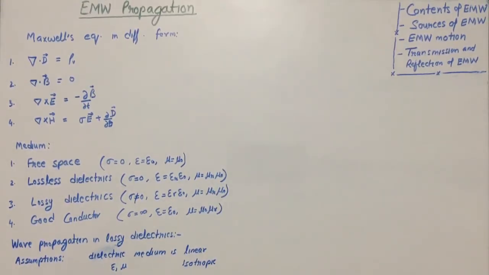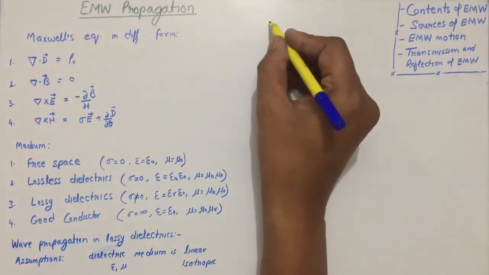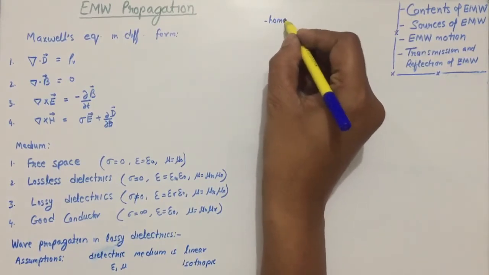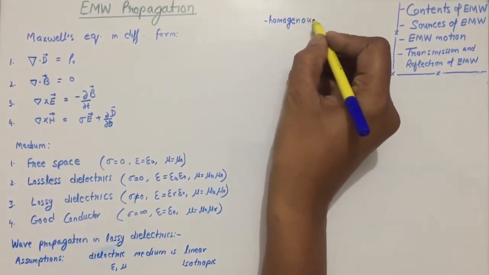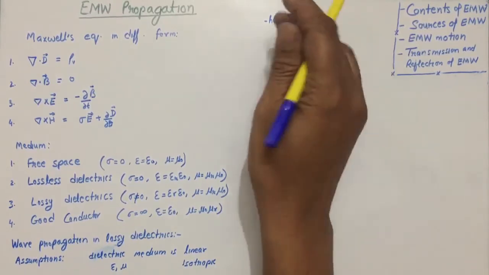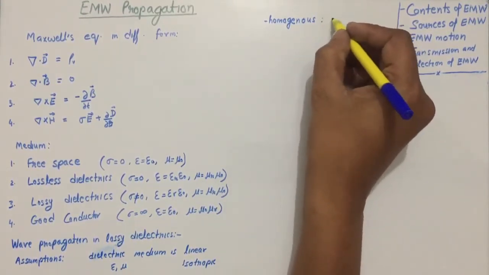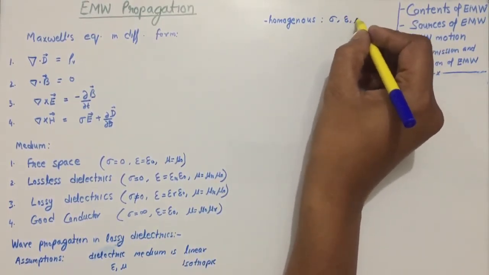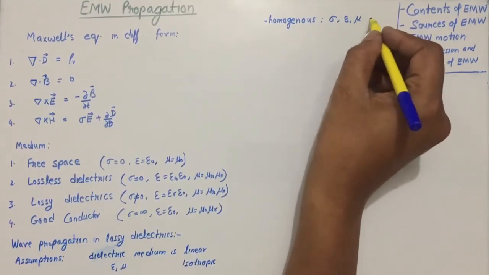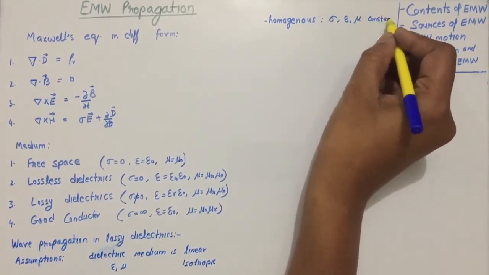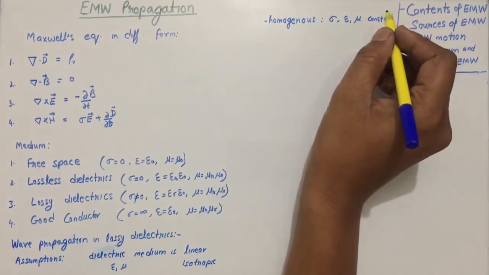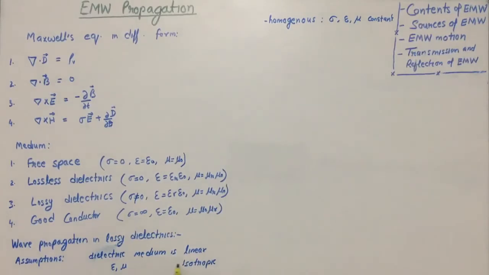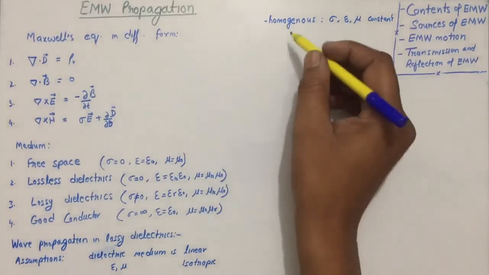The third assumption is that the medium is homogeneous. Homogeneous means throughout the medium the values of sigma, permittivity and permeability are constant. Having these assumptions, we will start our discussion: the dielectric medium is linear, isotropic and homogeneous.